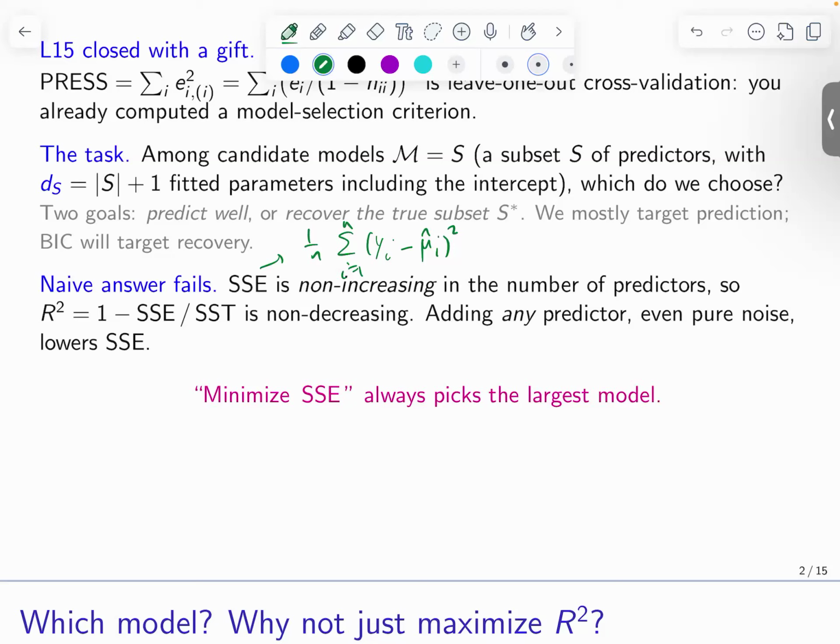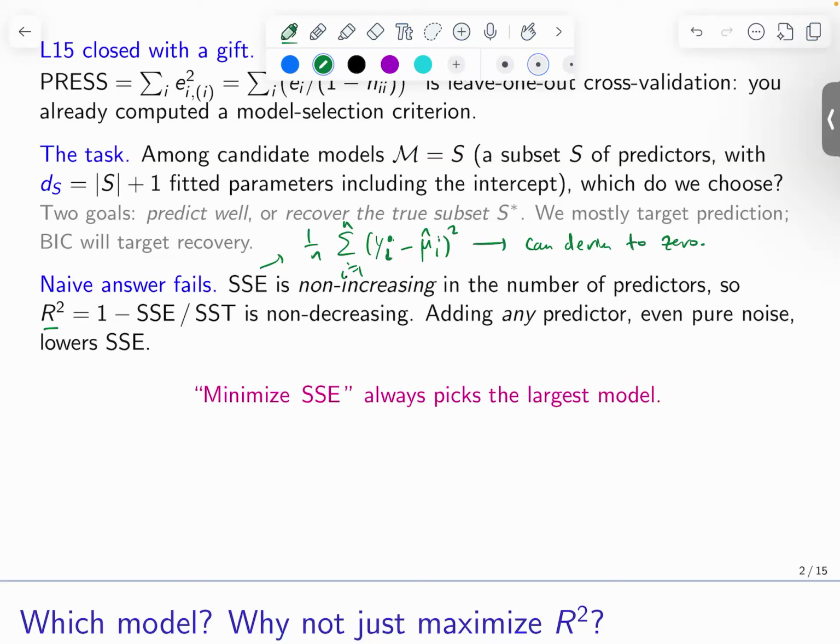Unfortunately, it says on the slides why it's not good. The problem is that the SSE goes down, or R squared goes up, if you keep adding predictors. You can get a perfect fit, so you can drive this to 0.